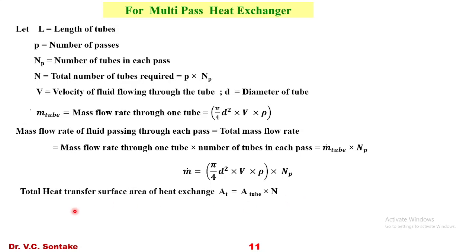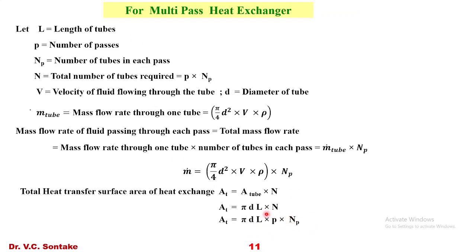Hence, for a multipass heat exchanger, the total heat transfer surface area of the heat exchanger A suffix T will be equal to the surface area of one tube multiplied by the total number of tubes, which can be given by AT is equal to pi dL into N, and it is further extended to AT is equal to pi dL into P into NP.